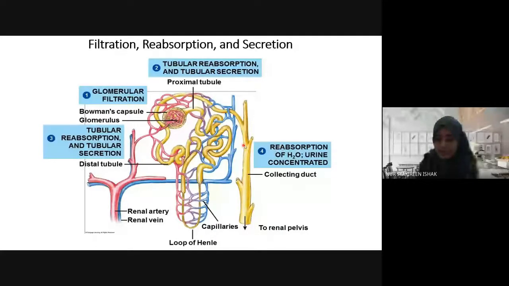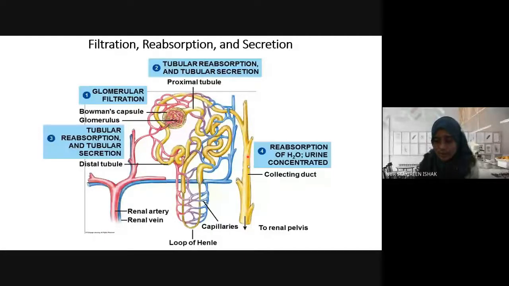So in the collecting ducts region, reabsorption of water will occur. So when water is reabsorbed, here you have the collecting ducts. In order to increase reabsorption of water along the wall of the collecting ducts, along the cells of the collecting ducts, which we call the transport epithelium, there will be many aquaporins.